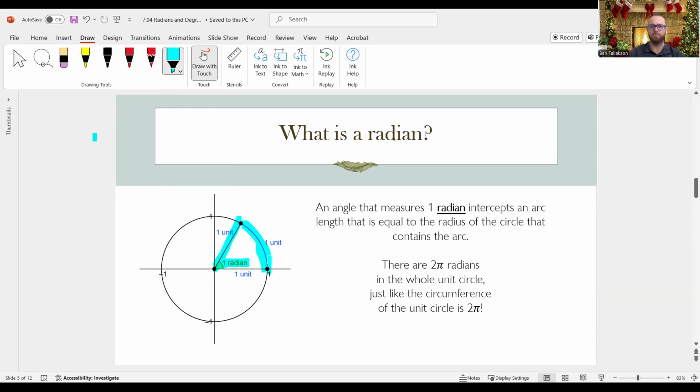So this is very special. We have 1 unit radius, 1 radian angle, and 1 unit arc. That is a radian, okay? And if you multiply 2 of those times pi, you will get the entire distance around, like we just said a moment ago, which is 2 pi.